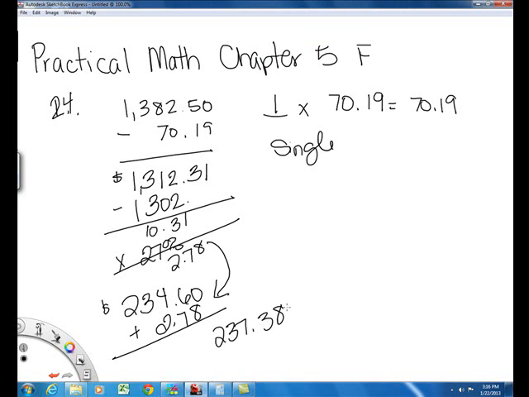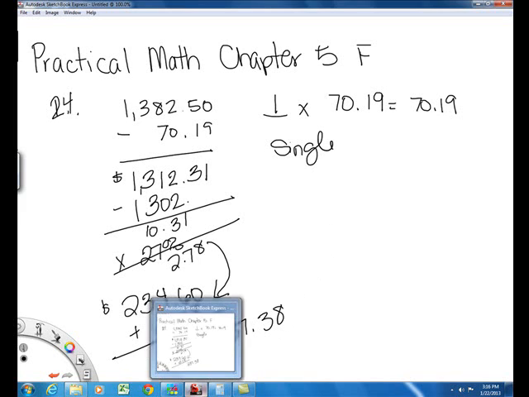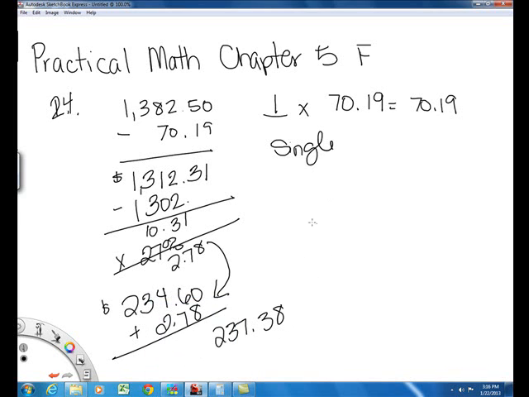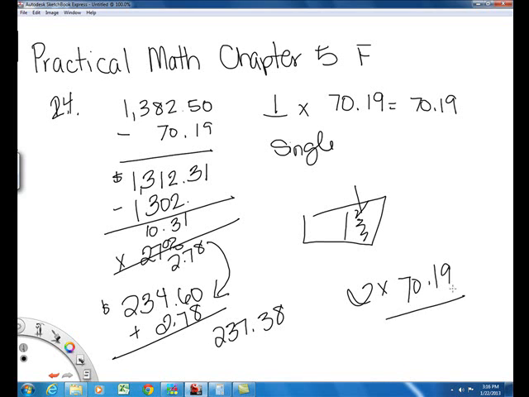For number 25, you'll notice that this person's married, so when you pull your tax table, you'll make sure that you get on the right side, the side where the married person's taxes were. Also, it's with two allowances, so you'll have to take $70.19 twice. You'll start with $775.